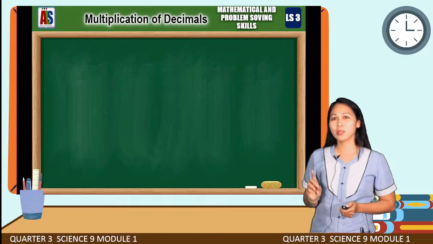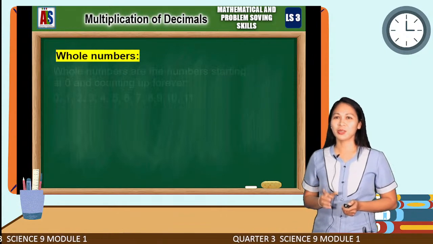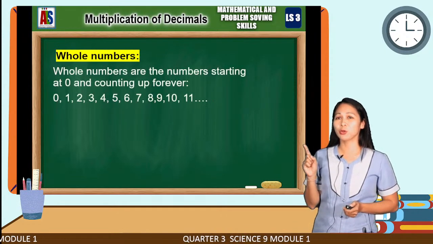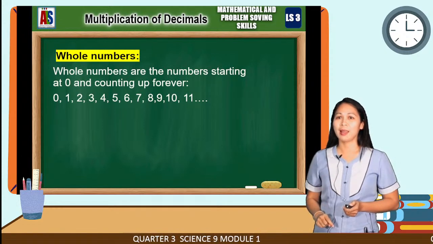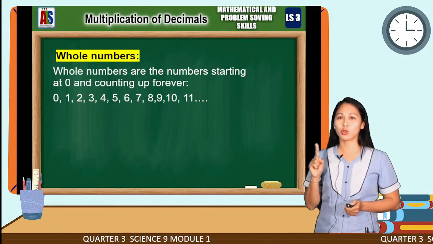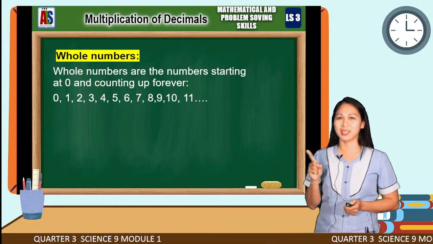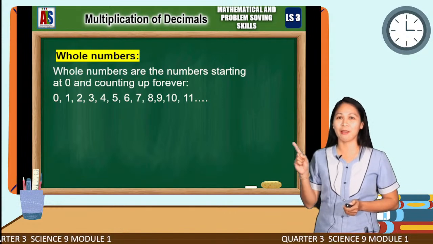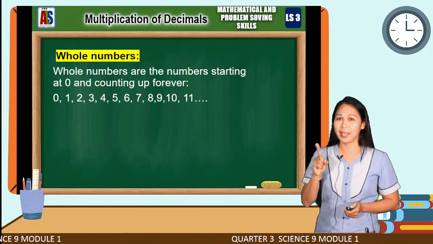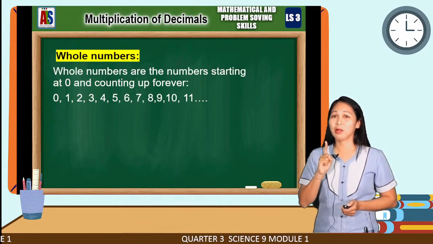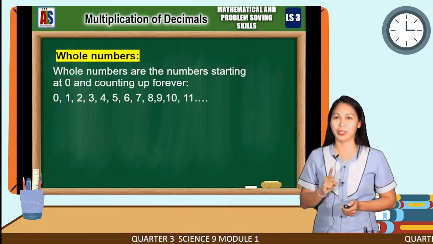When we say whole numbers, these are the numbers starting at 0 and counting up forever, like 0, 1, 2, 3, 4, 5, 6, 7, 8, 9, 10, 11, and so on. Again, remember, decimal numbers have a decimal point.